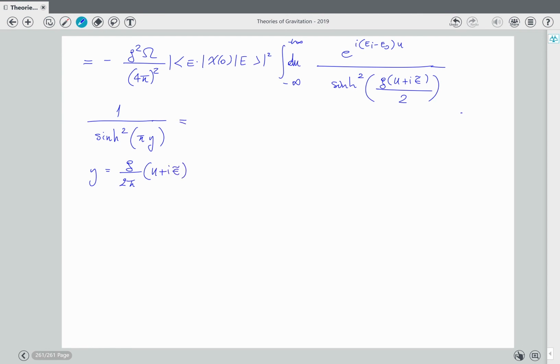That is equal to 1 divided by pi squared times the sum for k that goes from minus infinity to plus infinity of 1 divided by (y plus i k) squared.